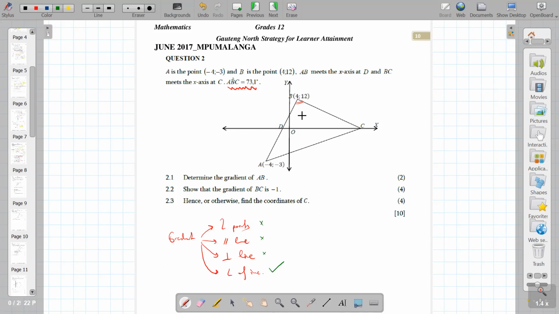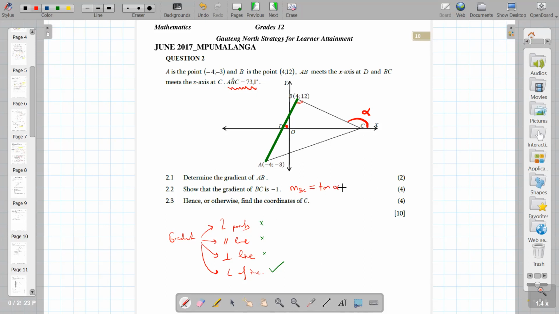So we're going to find the gradient of BC, and for that we can find the angle of inclination of AB. Where is the angle of inclination of AB? It is this angle here at D, and then I can get the angle of inclination of BC. So I need to get that alpha so that I can find the gradient, because the answer will be that gradient BC is basically tangent alpha.